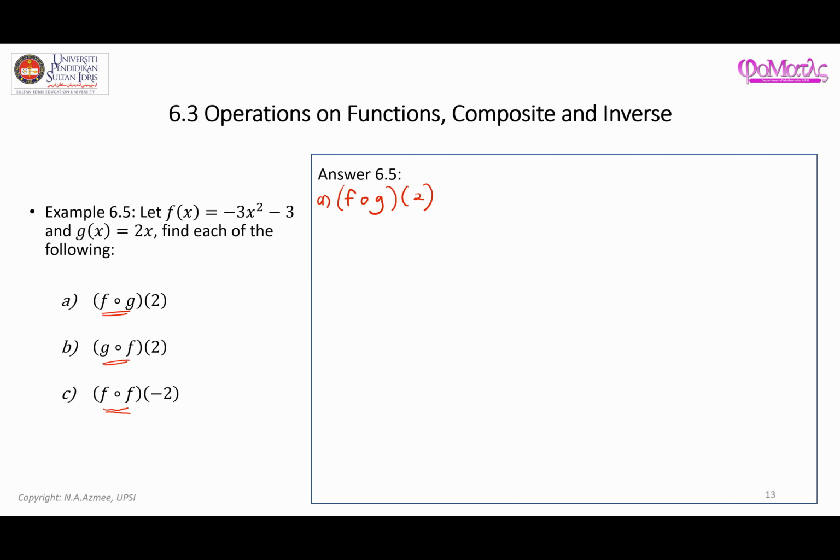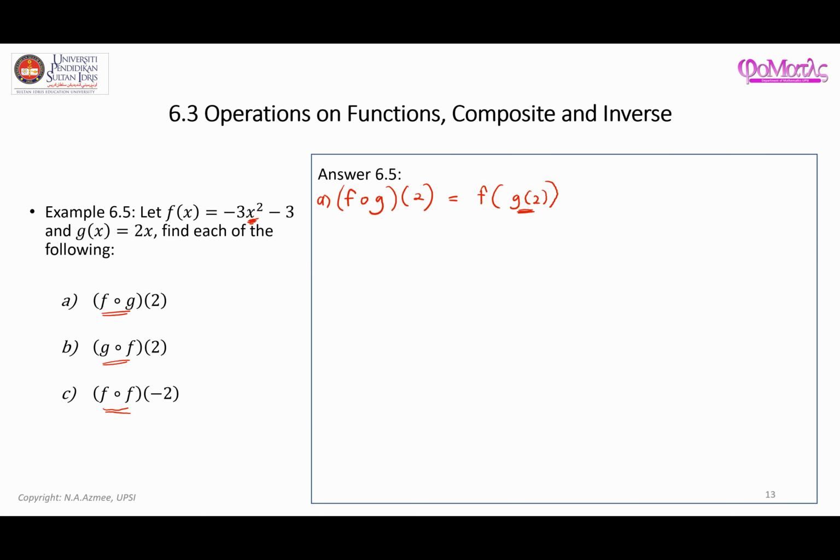Basically it is saying that I'm going to substitute g(2) into x in the f function.